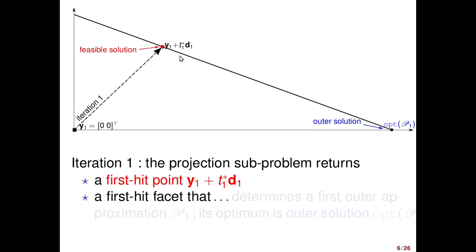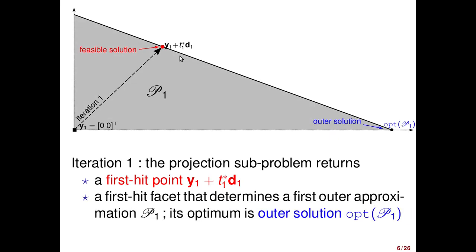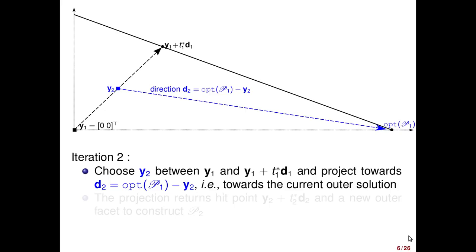The bullet will hit some facet of the polytope, or if I have an SDP feasible area, a tangent to the SDP feasible area, and now I pay attention to this facet, and I can put it in my mind. I have enough place for it in my mind, and this will help me determine a first outer approximation P1 of the feasible area. The outer solution is opt P1.